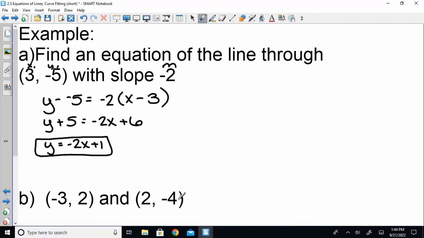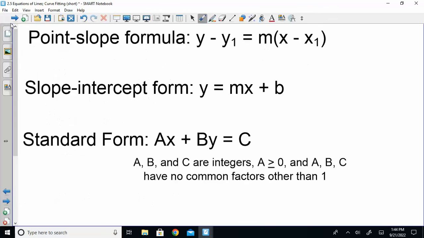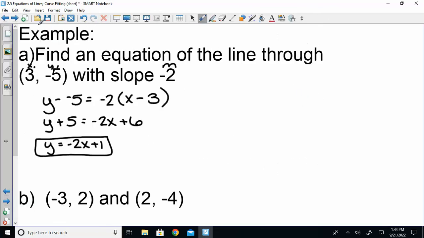If you didn't want to use point-slope formula, how would you have gotten it? To use this, we need m and b. We have m, we have to plug in the point to find b. So the y value at that point is negative 5 equals m, which is negative 2, times the x, which is 3, plus b.